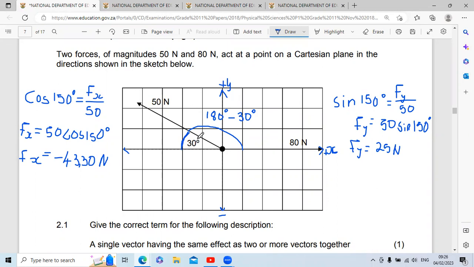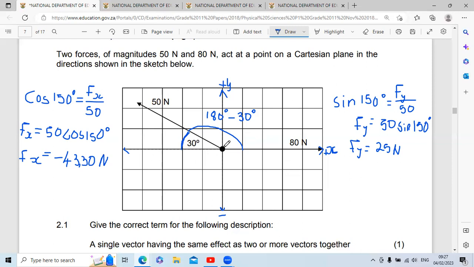But if you're not confident about your direction, you can use 150 degrees, or you can just use the angle directly from the horizontal line. Because right now, if you use 150, you're going to get this negative automatically. But if you use the 30 degrees, you're not going to get this negative sign.